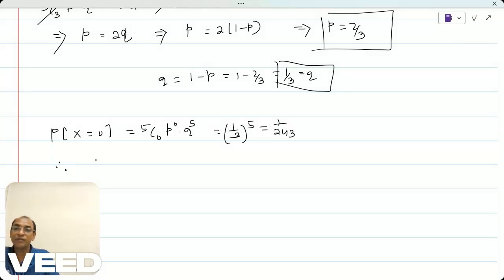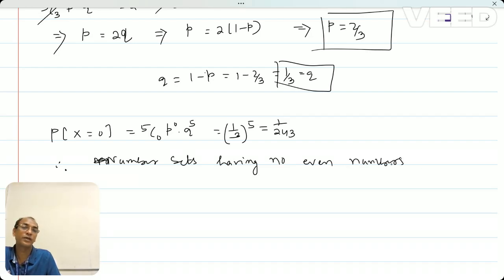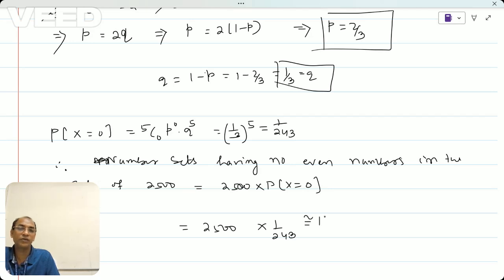Therefore, the number of sets having no even numbers in the set of 2500 is equal to 2500 into the probability of x equal to 0, and that will be equal to 2500 into 1 by 243, and that is approximately 10.